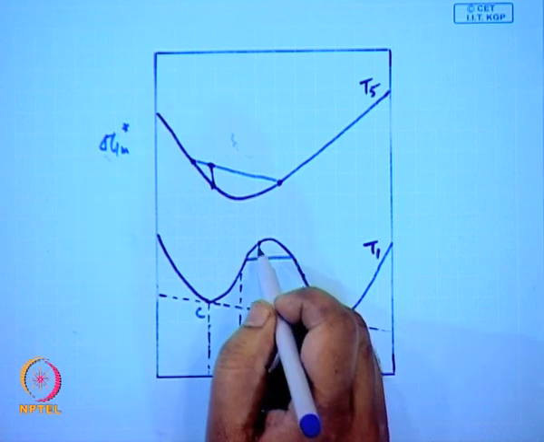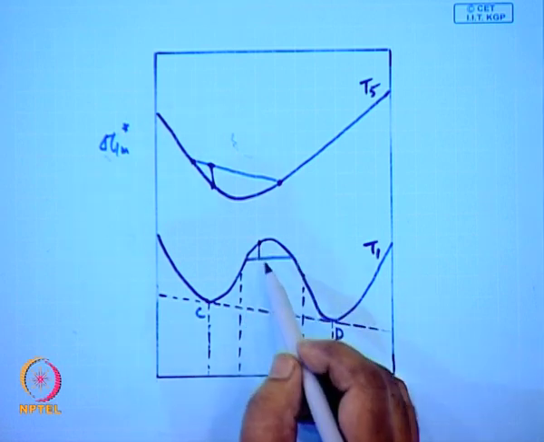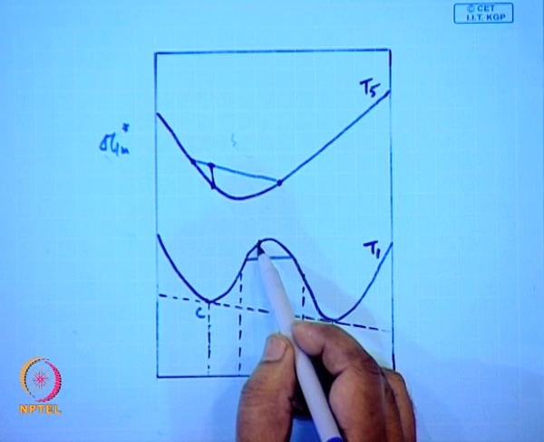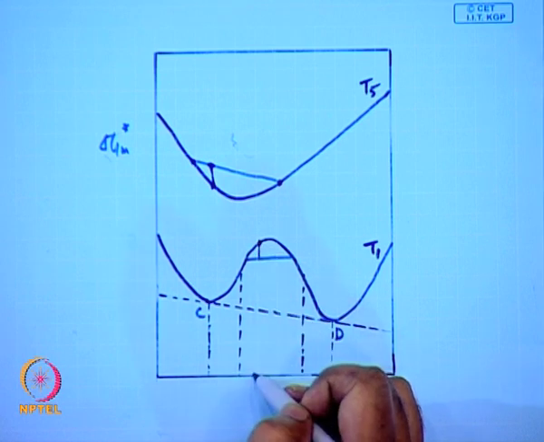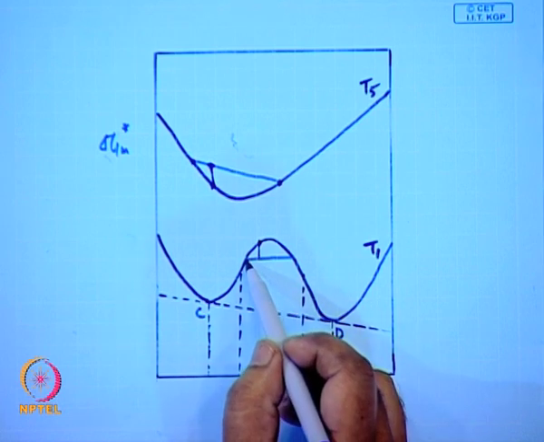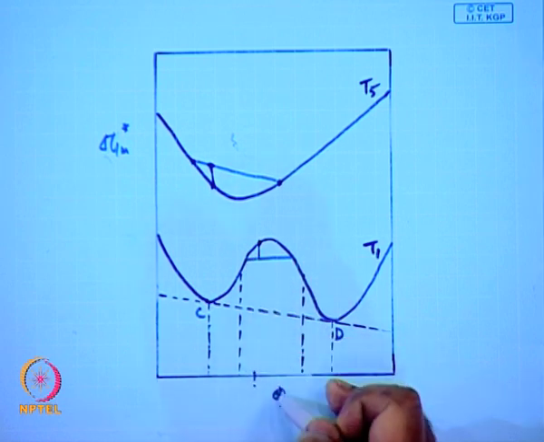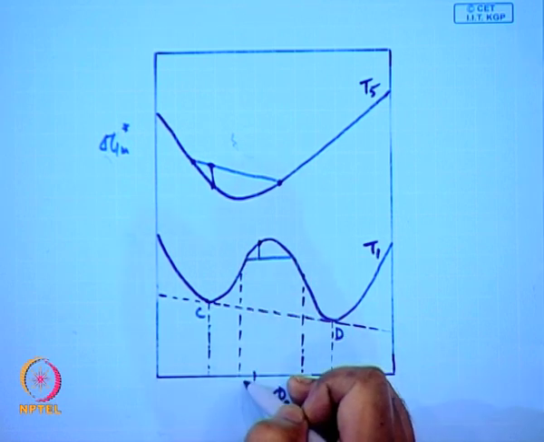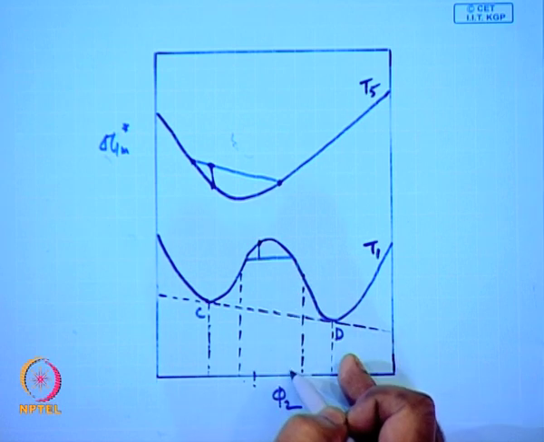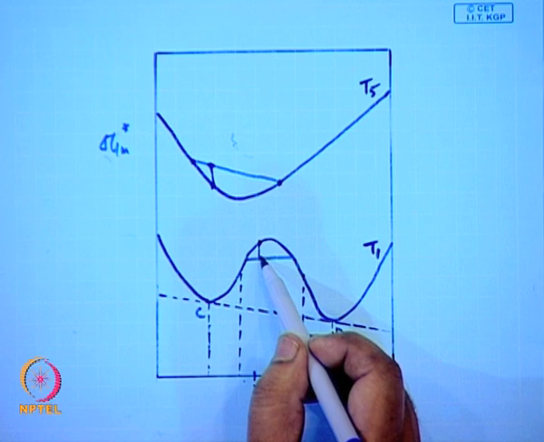If this solution, having a polymer fraction of this value, has to phase separate into two compositions having polymer fractions corresponding to this and this, the Gibbs free energy of mixing would be given by this value, and that is negative.